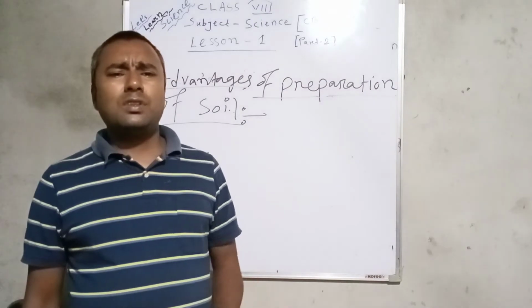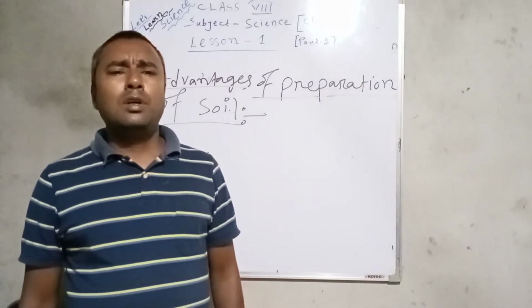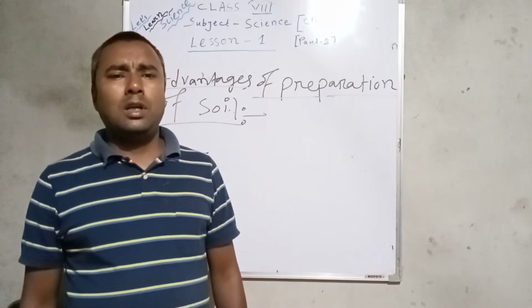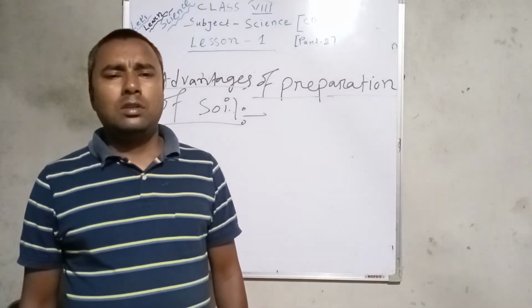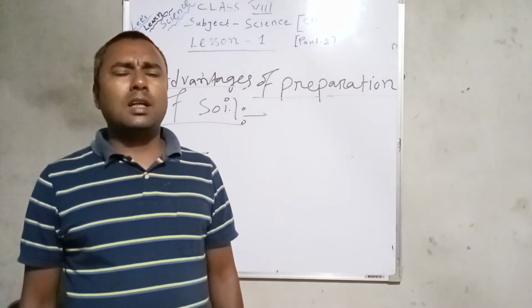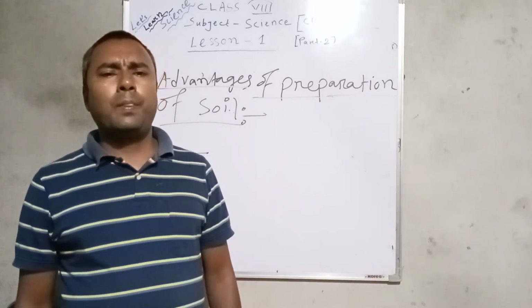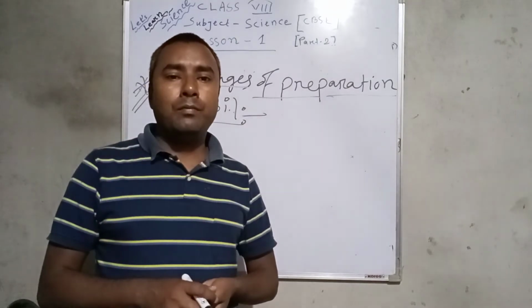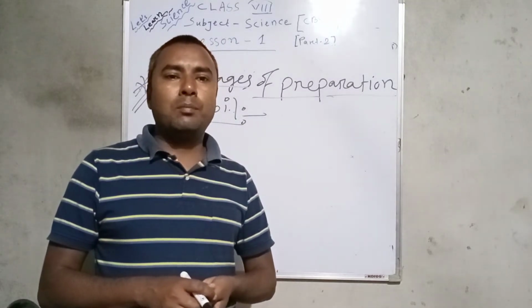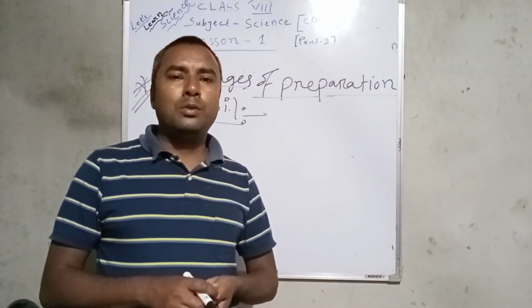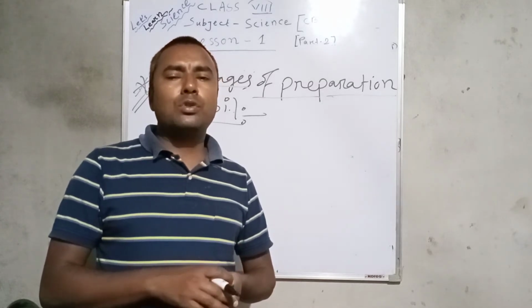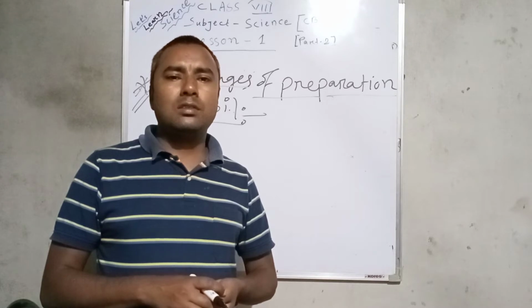Third one, it helps different types of beneficial microbes. Like you have read in your earlier class, in class 7, you have got the name of one bacteria, no? Rhizobium. What is the purpose of that rhizobium bacteria? It is found in the roots of the leguminous plants.